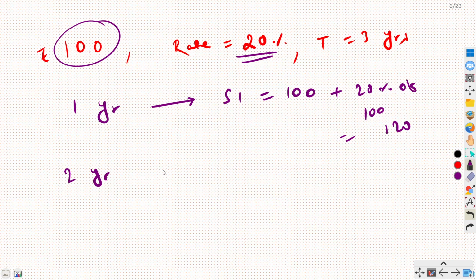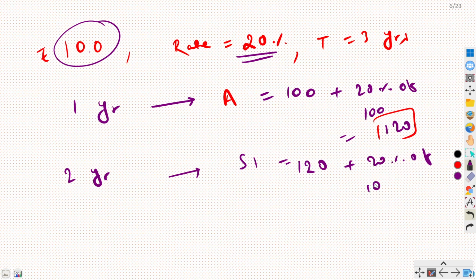Now this would be amount actually. So amount is 120 after 1 year. After 2 years, this would be 120 plus 20% of 100.